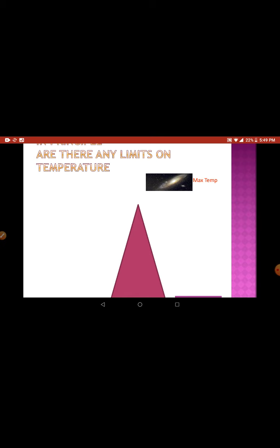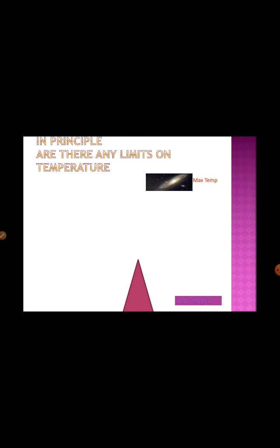These ion plasma temperatures may range to some million degrees Kelvin, which you may see in galaxies and stars.